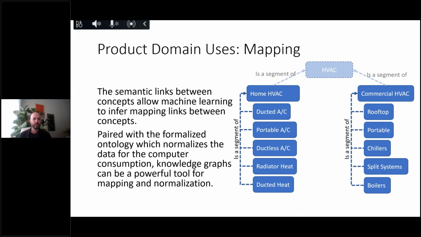You've got ducted home HVAC, you've got ductless, you've got radiators, you've got heat, you've got AC. These things are analogs to the commercial units, which have similar functions, but they're really different machines, different parts, different market segments. But what a knowledge graph can do is say, these things are analogs, and we're going to create the mappings between them based on what we know from our AI algorithm, our knowledge bases, and our formalized ontology.